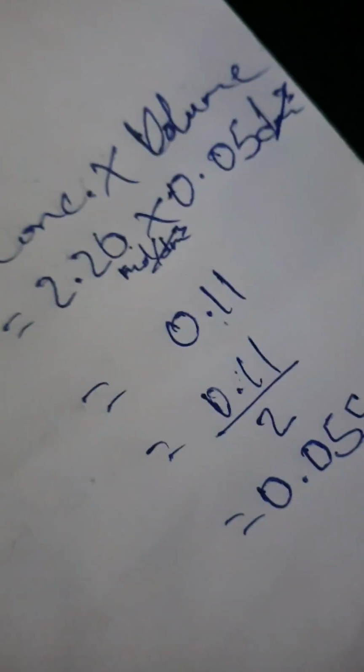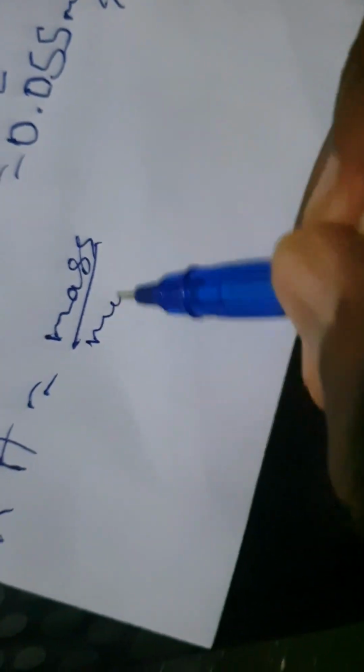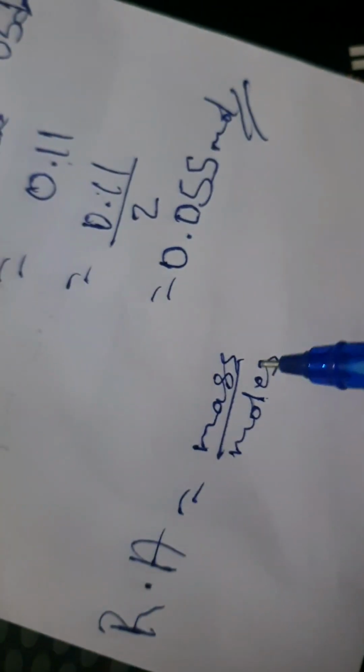So let's find out the relative atomic mass. Relative atomic mass is equal to mass upon mole. Sorry, not molar mass, mass upon mole.